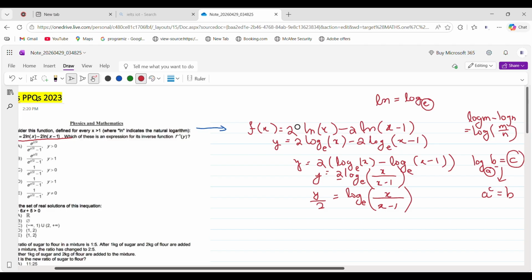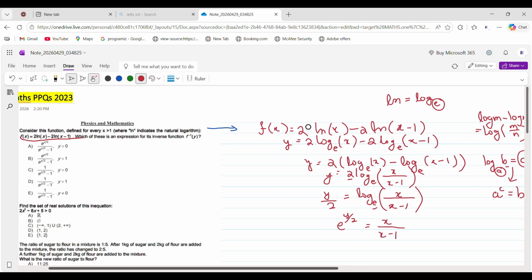So basically this base now would be the actual base, and this c, the alone term, would be the exponent of it, so y upon 2, and the function would stay alone in the equation, so x upon x minus 1.